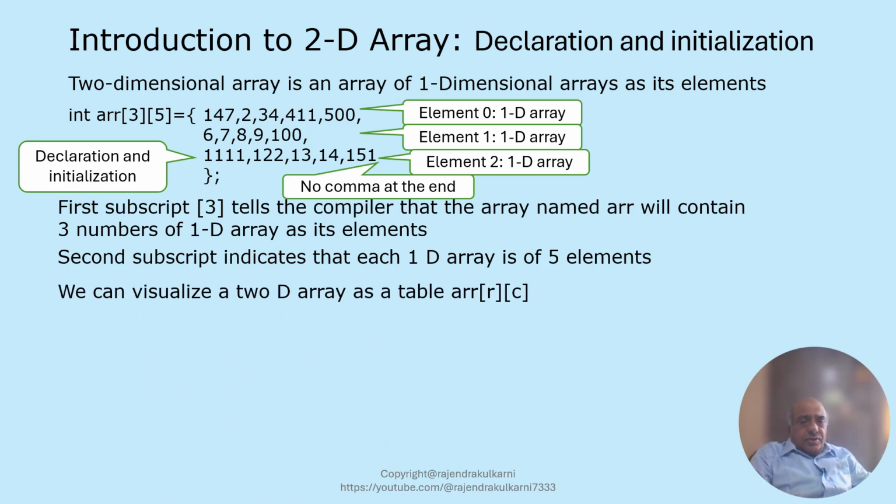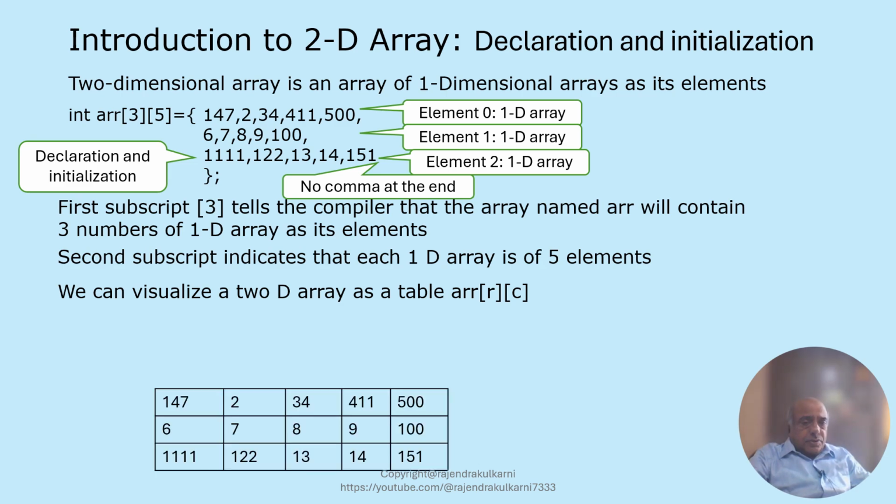Actually, we can visualize a 2D array as a table. ARR is the name of the array. The first subscript will be the rows of the array and the second subscript will be the columns of the array. This is how we visualize a 2D array: a table of 5 columns or fields and 3 rows of 1D arrays.